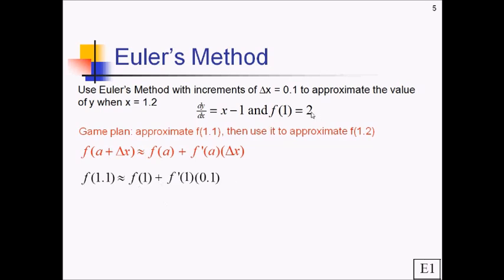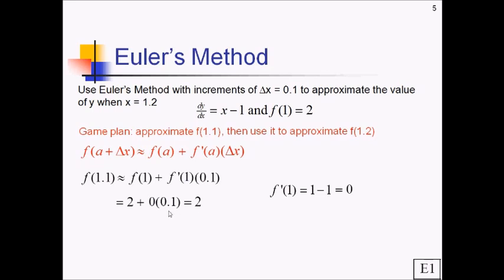That's going to be 2. And we also need f prime of 1, which we don't know quite yet. So let me calculate that off to the side here. That's just going to be what I get when I plug 1 into my differential equation. So that's 1 minus 1, which is 0. So we can write plus 0 times 0.1. And this clearly comes out to just 2.